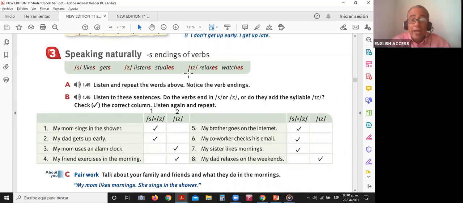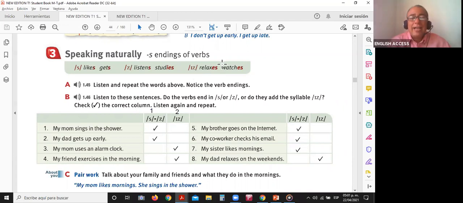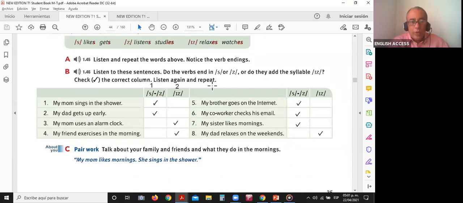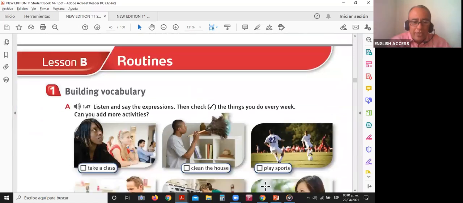And finally, we have eats, relaxes, watches. Some verbs need to sound like that, okay? We identify those sounds. Now let's go to part B, routines.